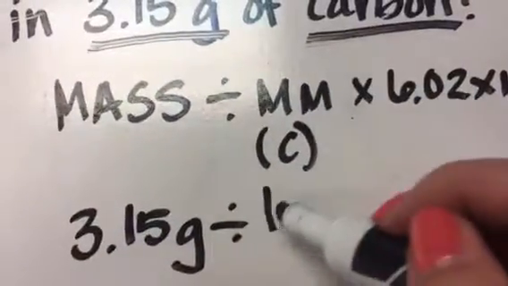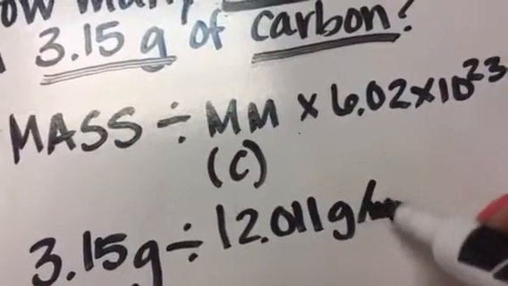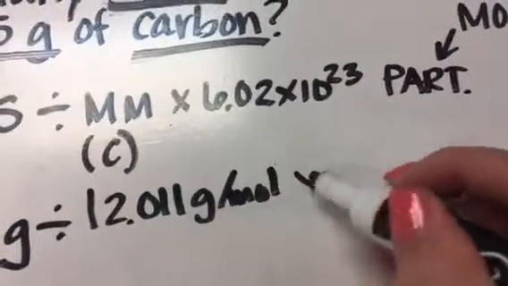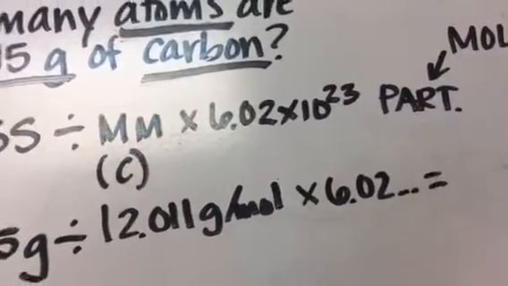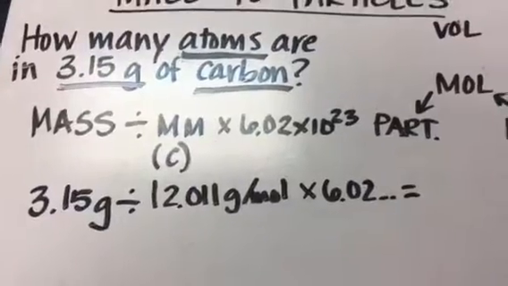12.011 grams per mole. And then you just bring this down times Avogadro's number. To save some time, I'm just going to do this quickly. If you were to calculate that, what would you get?